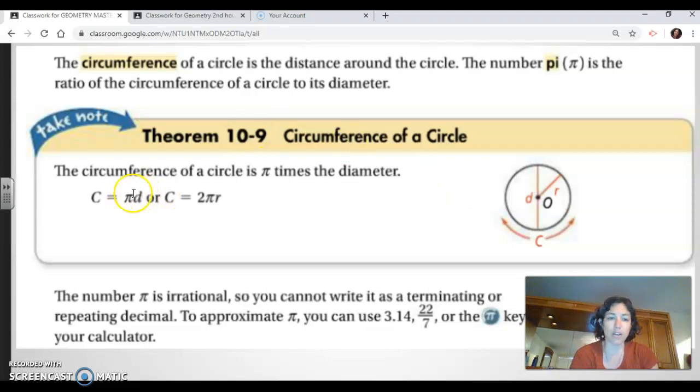Circumference is right here. Since 2 times the radius equals the diameter, you can write it either way. If you have the diameter, just multiply it by pi. If you have the radius, double it and then multiply it by pi, and that's the circumference. That's just the distance going around the outside of the circle.